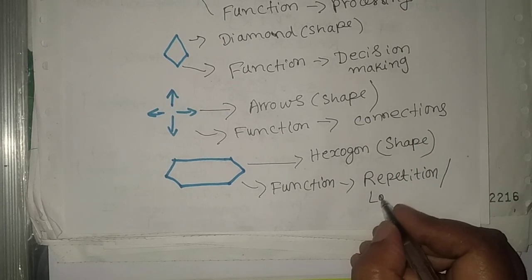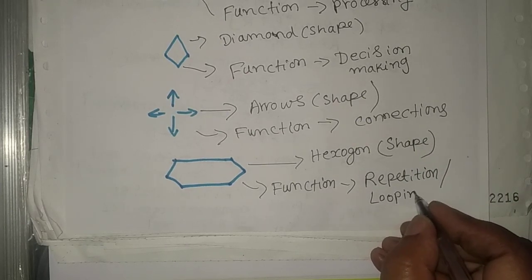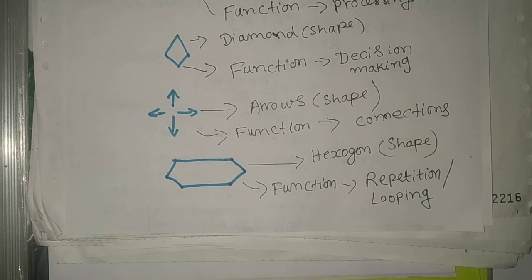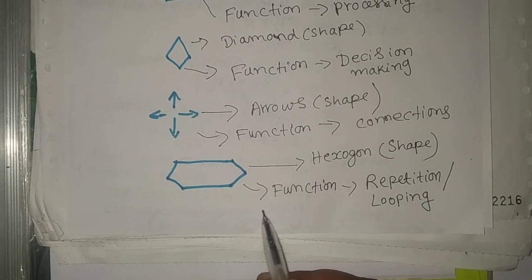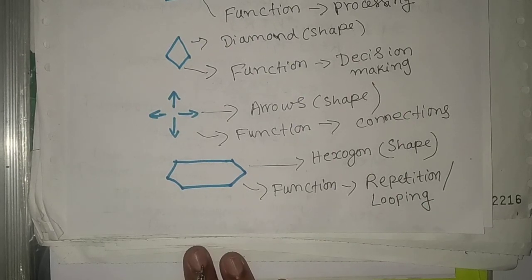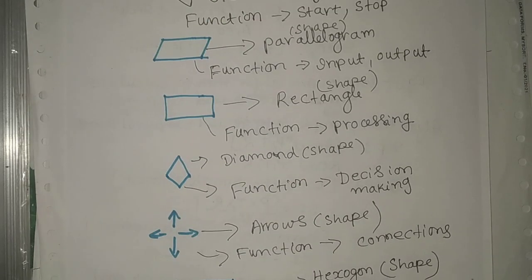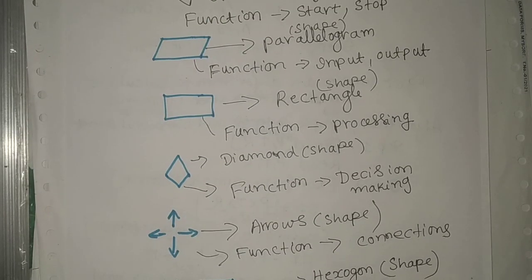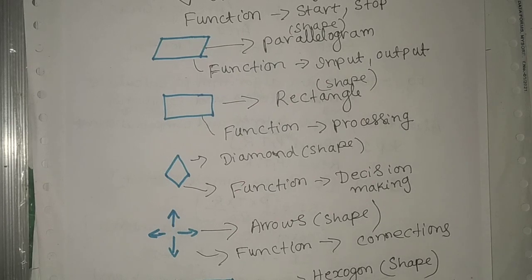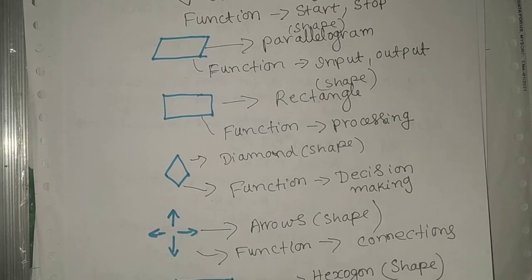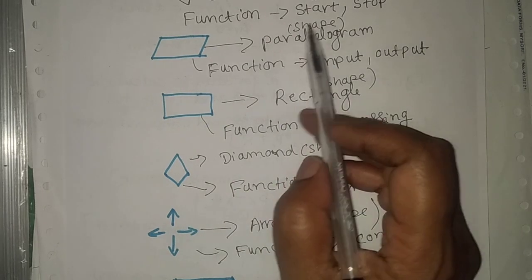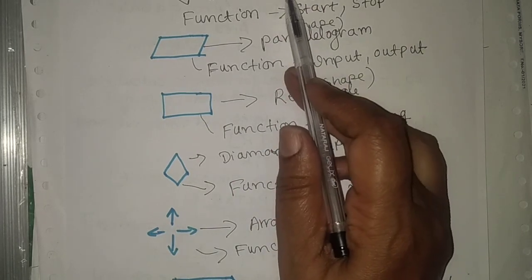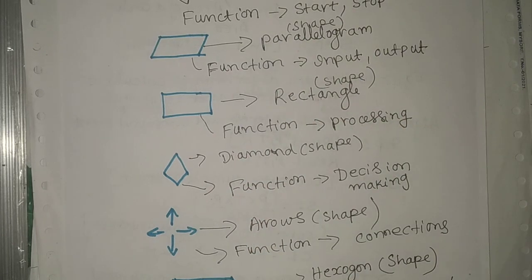All these concepts I will explain when this topic comes. This is repeating, that is looping, for loop, everything will come under this. Then it will be very easy to understand. So these are all the diagrammatic shapes used in the flowcharts.